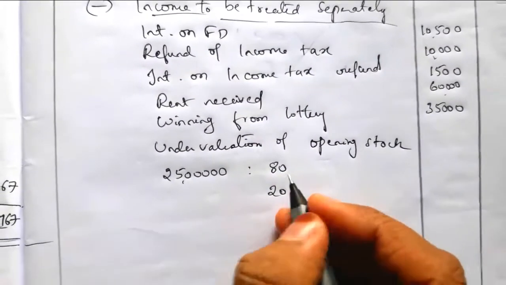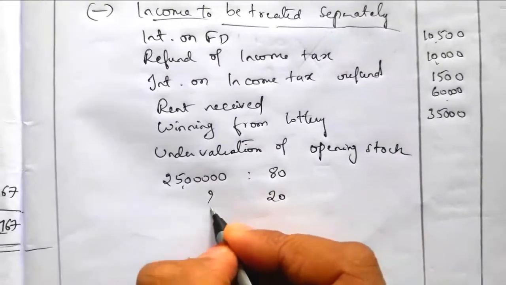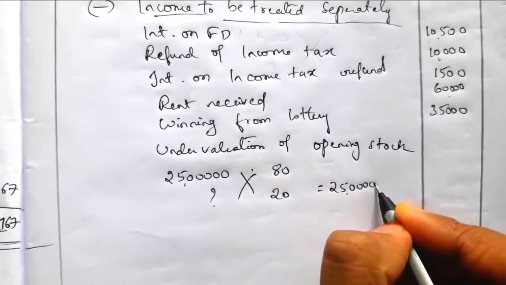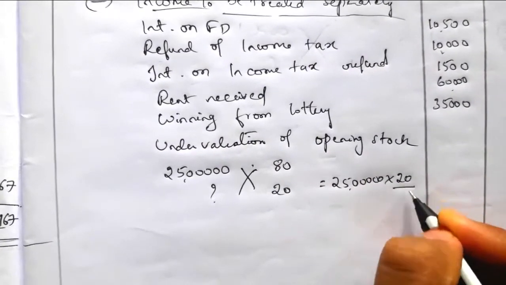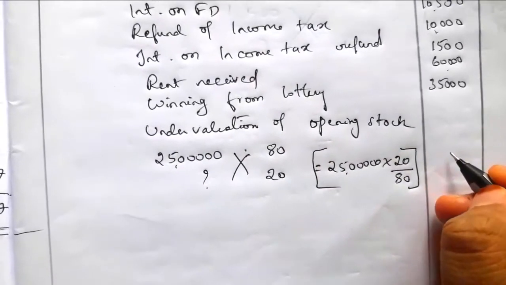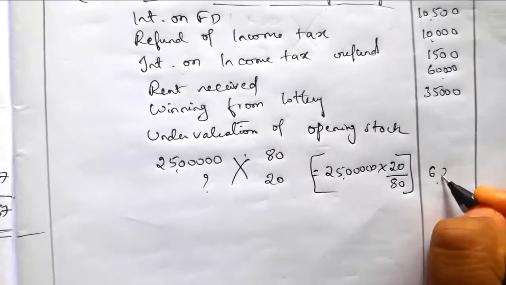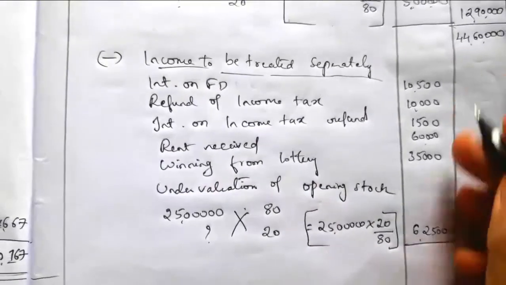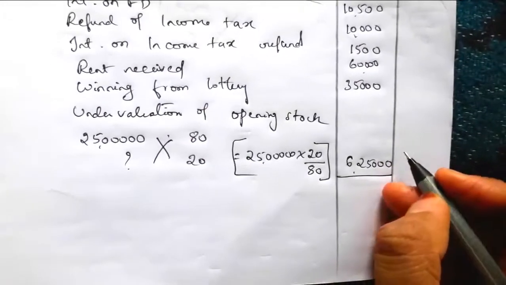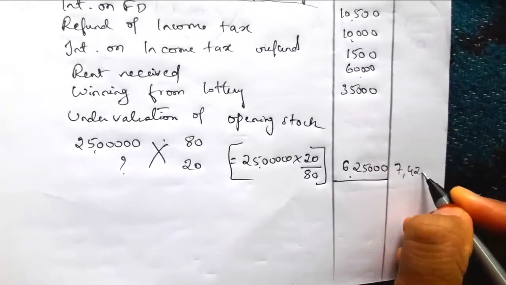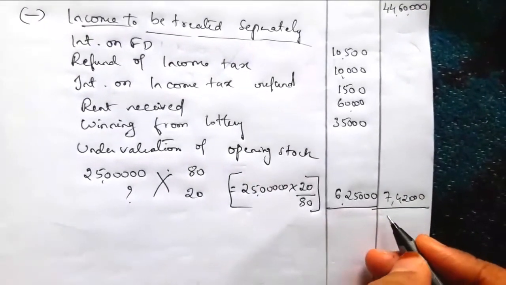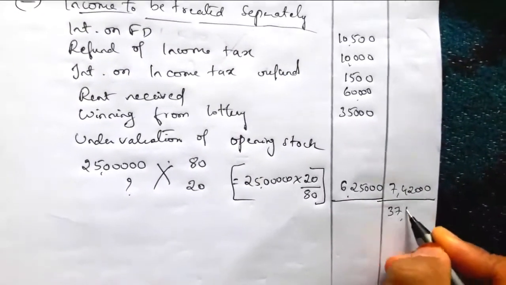What is the less value recorded? That is nothing but 25 lakh into 20 divided by 80, which is equal to 6,25,000. Now total all the incomes, which is equal to 7,42,000. If you deduct this value from the above value, we will get 37,18,000.